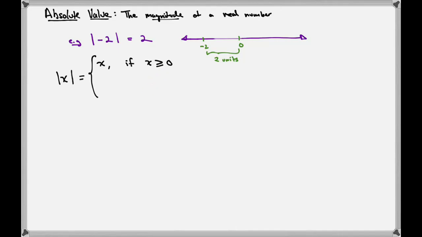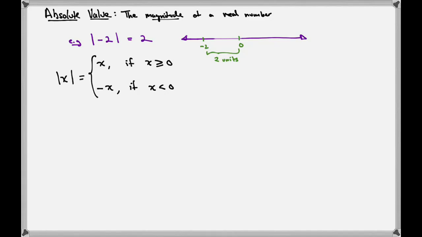The second rule is I take the opposite value of x, minus x, if x is strictly less than 0. So this brace here is just a way of breaking down the formula for computing absolute value into the necessary cases. I read on the right-hand side what condition is true about my number, and then I apply the formula appropriate for my value of x.